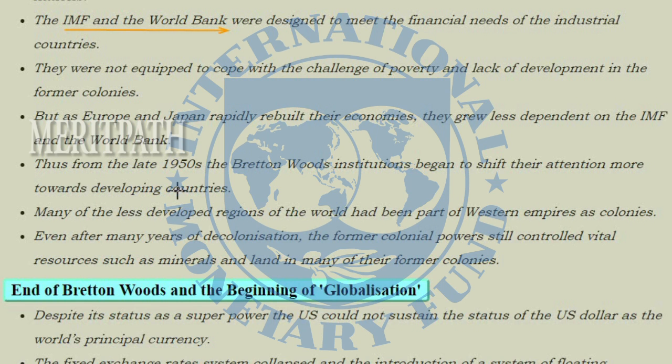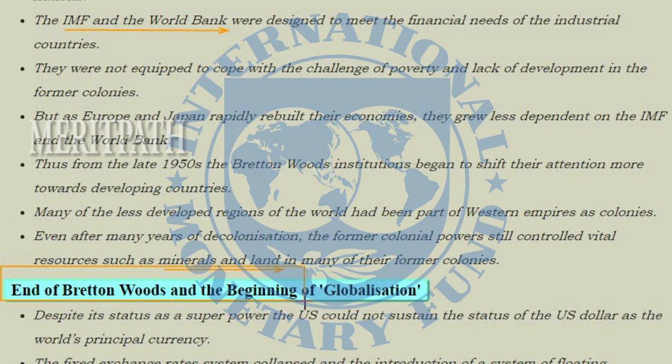Thus, from the late 1950s, the Bretton Woods institutions began to shift their attention more towards developing countries. Many of the less developed regions of the world had been part of the Western empires as colonies. Even after many years of decolonization, the former colonial powers still controlled vital resources such as minerals and land in many of the former colonies.